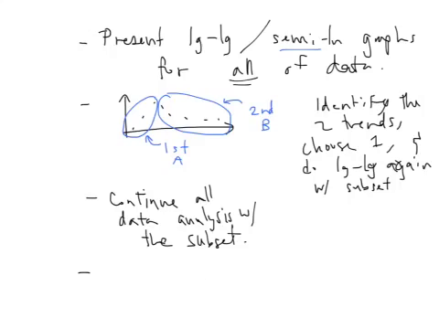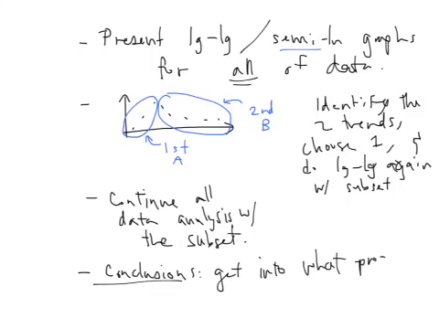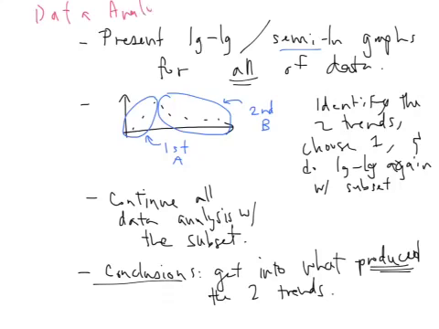In the conclusions, that's where you would really get into what produced the two trends. Physical factors, procedural changes, things like that. So in the data analysis, there's two different approaches you're taking.